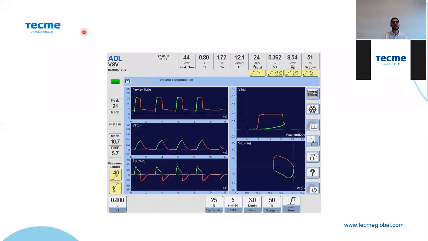Here we have the ventilator screen, okay? And here you only set the tidal volume. This is the target tidal volume. And here you have the expiratory sensitivity.